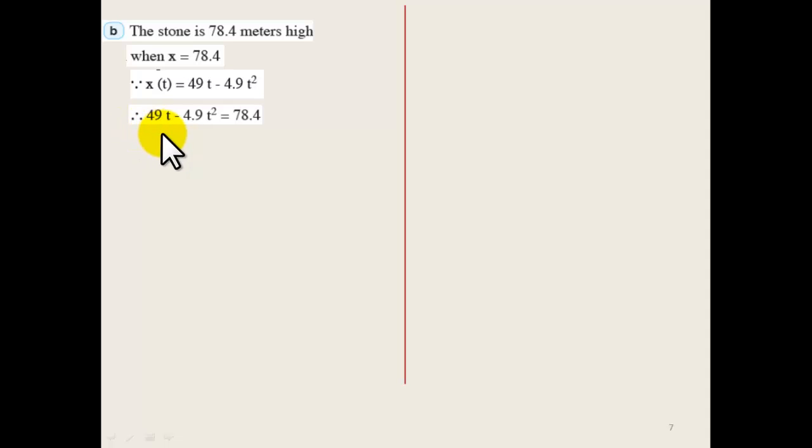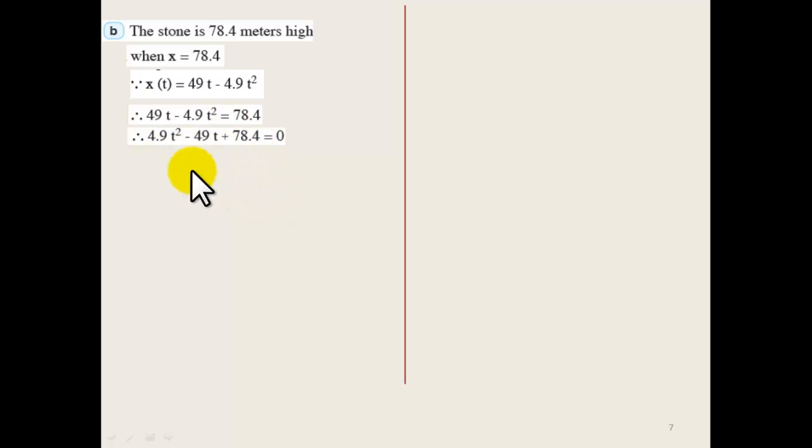As x at any instant equals 49t minus 4.9t square, we substitute x(t) equals 78.4. So we have the second degree equation, the quadratic equation, 49t minus 4.9t square equals 78.4.